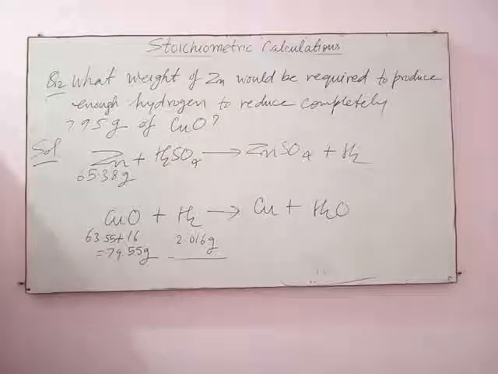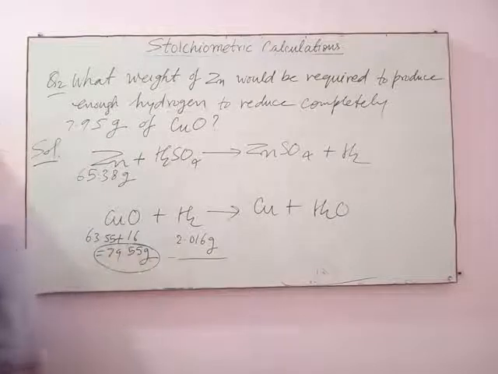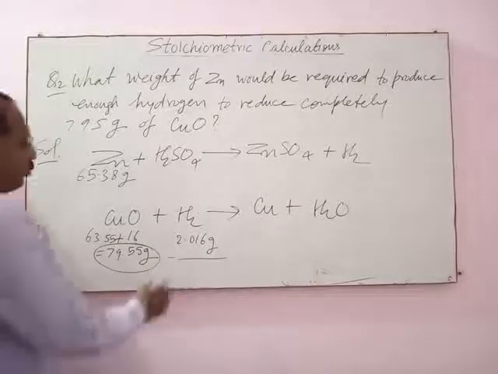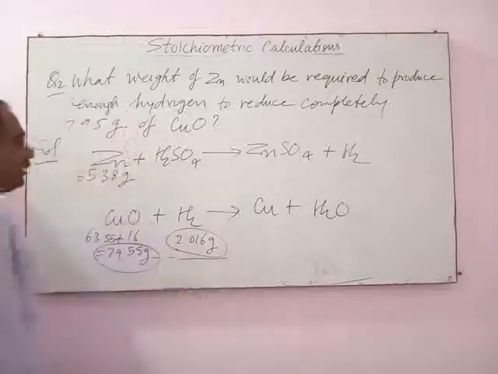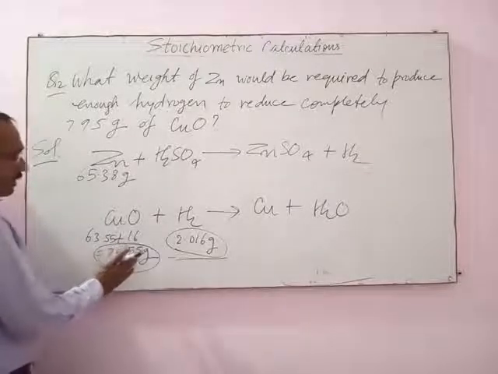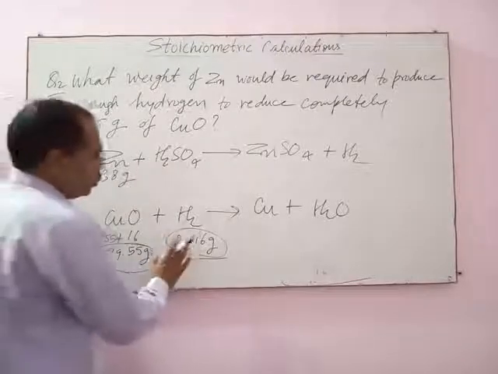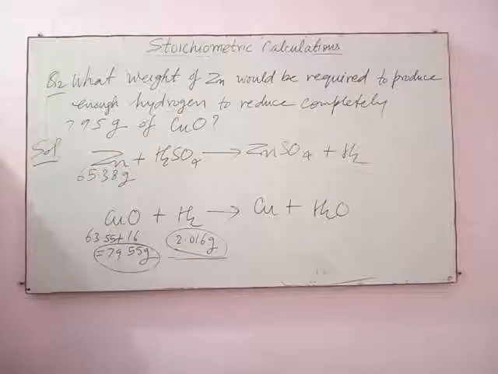Now, this amount of copper oxide, 79.55 grams of copper oxide, requires how many hydrogen? 2.016 grams of hydrogen. 79.55 grams of copper oxide requires 2.016 grams of hydrogen gas.